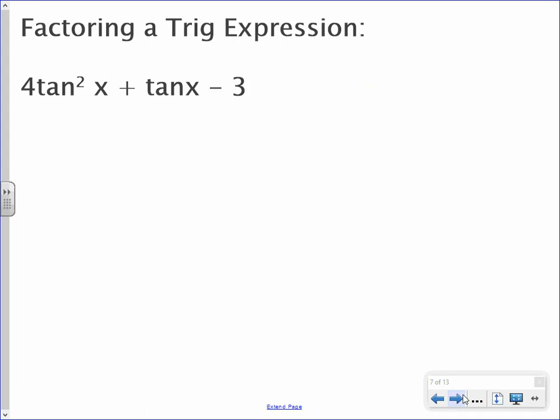You also could get a trinomial that you need to factor. Like I said, if you need to look at it as 4t squared plus t minus 3 and factor it that way. Any suggestions on how this is going to factor?